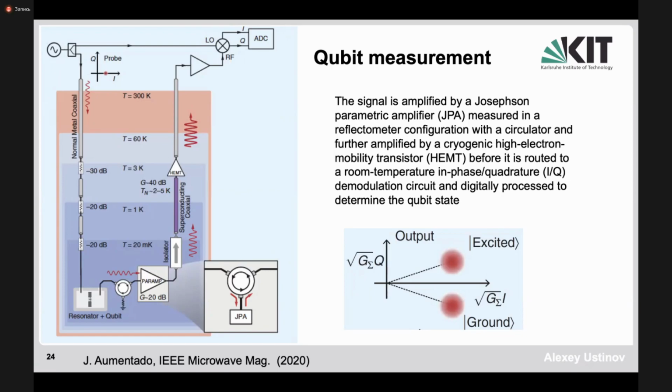And then this first stage of amplification is achieved by a parametric amplifier, which is also placed at the lowest temperature. After that, there is an isolator, which is basically a circulator, which I explained already, having two ports, and the third port is connected to a 50 ohm load. In this case, there will be only non-reciprocal transmission between the two ports.